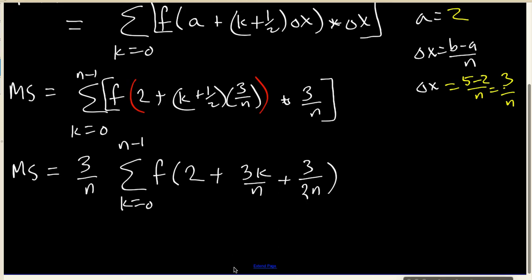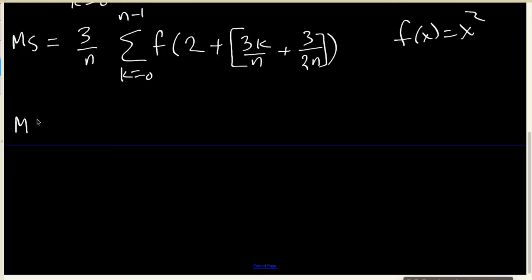And now I need to think about how I want to square this, because f of x is equal to x squared. What I want to do here is get a common denominator so that I'm actually looking at a binomial.